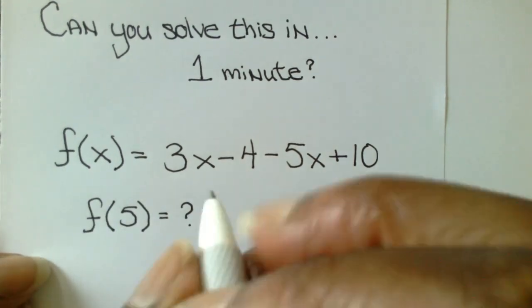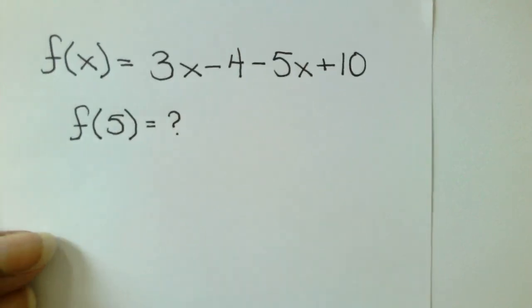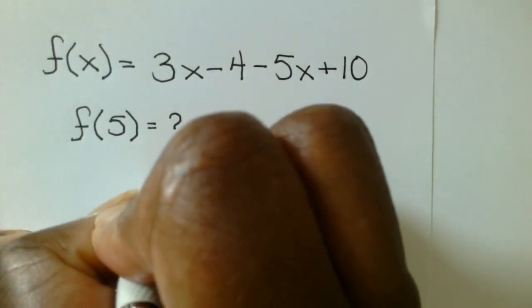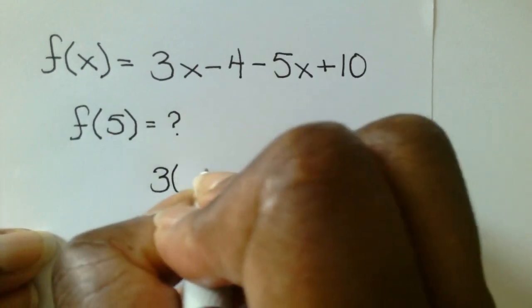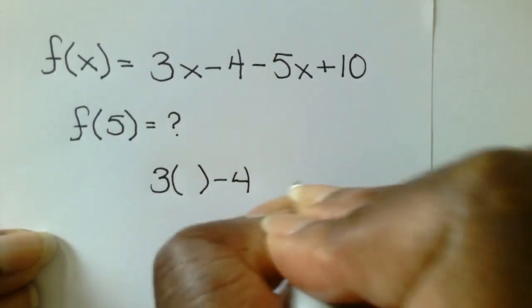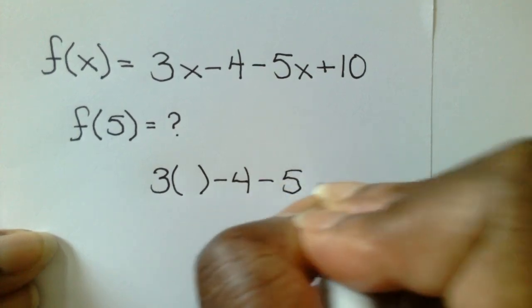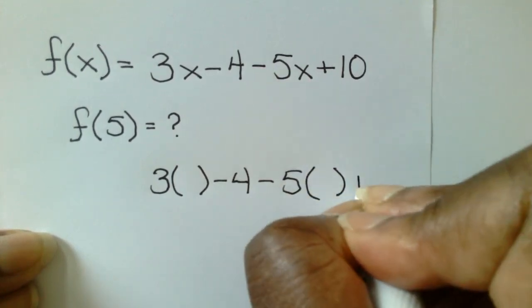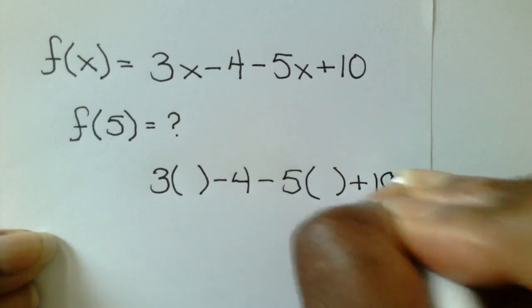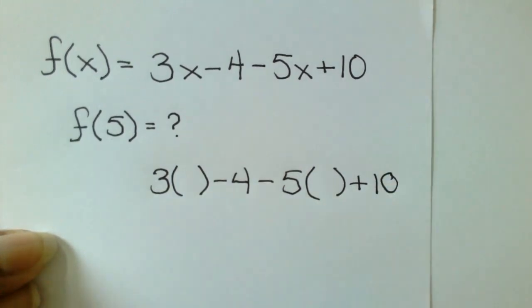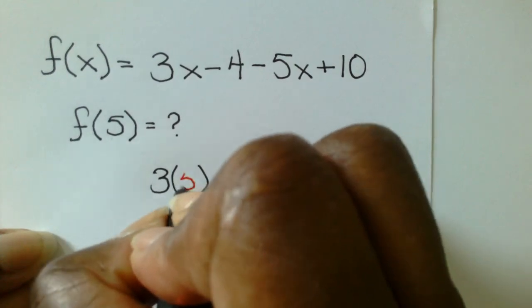So if I do this, it's going to look like this: 3 with a parenthesis, minus 4, minus 5 with a parenthesis, plus 10. Wherever we see an x, we can put a 5.